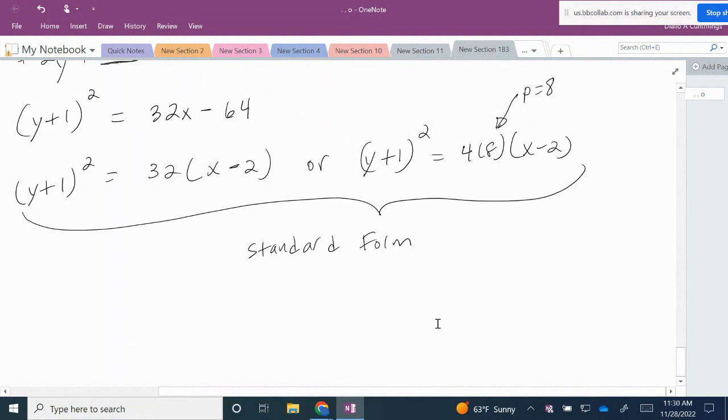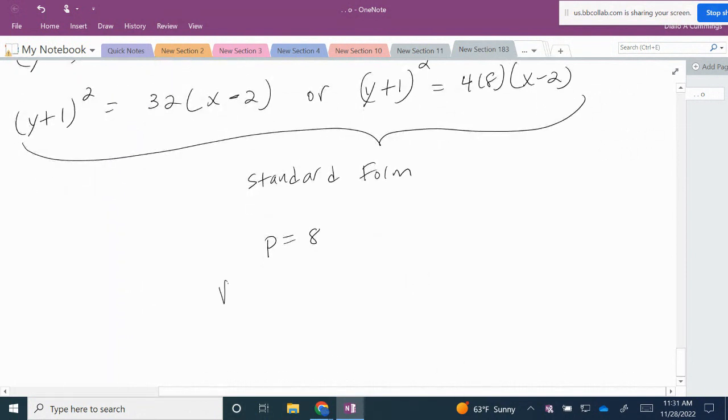So now before we go further, there are some things that I need to know. I know that P is equal to 8, and then our vertex.